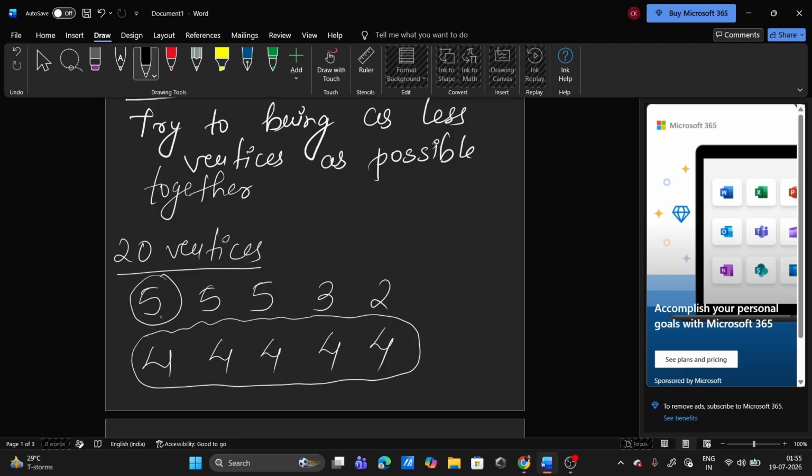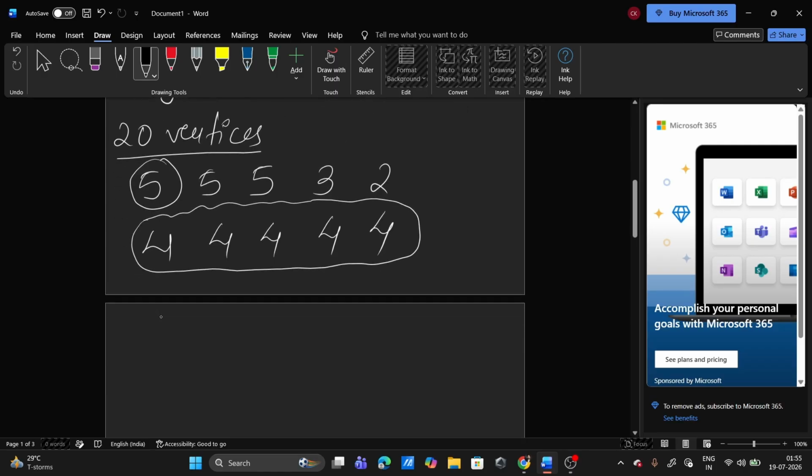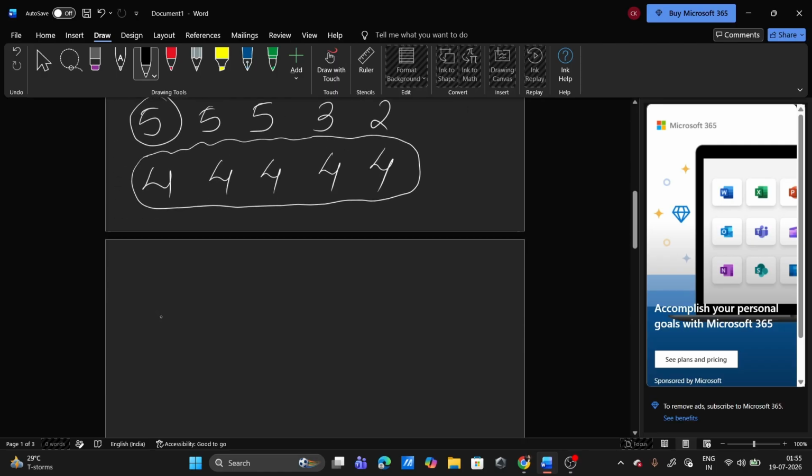Is it possible? Think about it. I'm also thinking. I don't think it is possible. So I guess we have figured out the best possible combination of vertices which satisfies the given condition. Now we have to find the minimum number of edges.